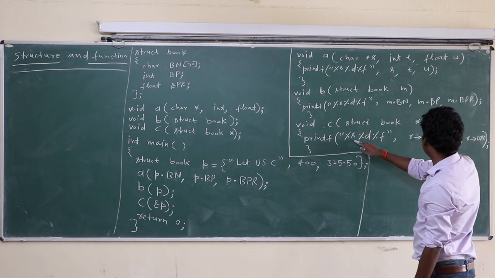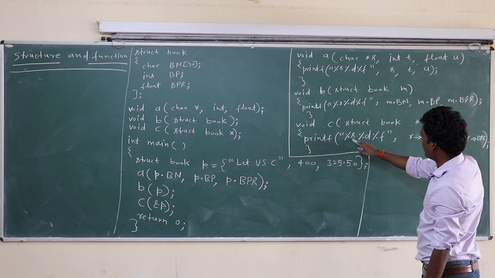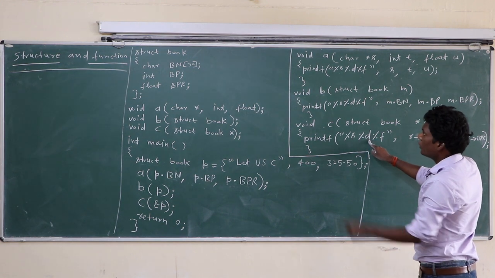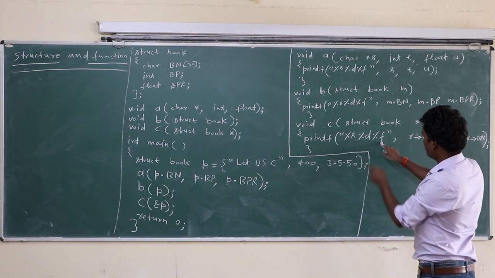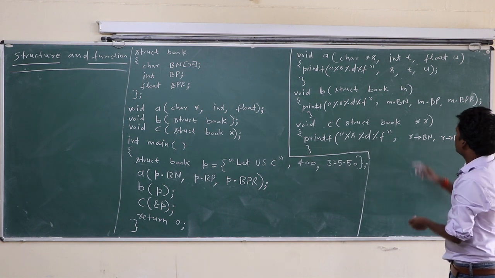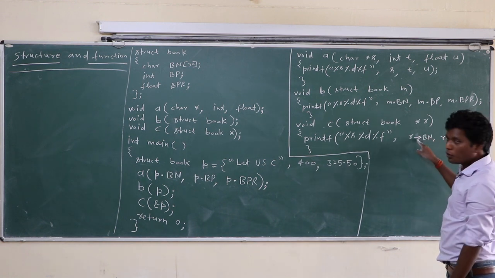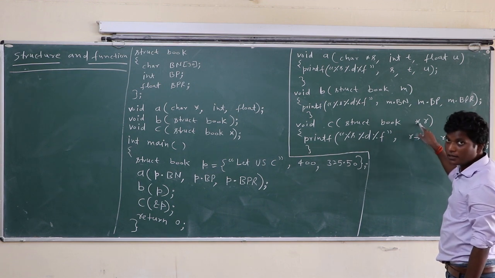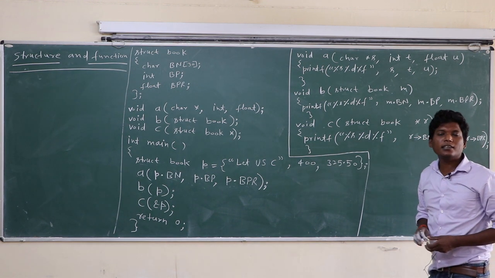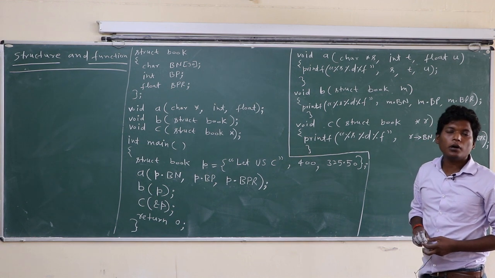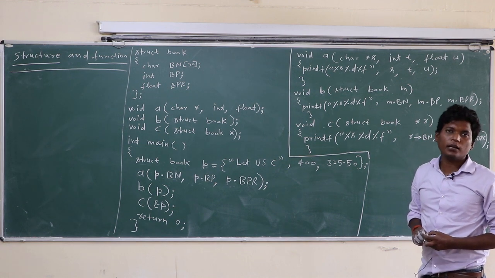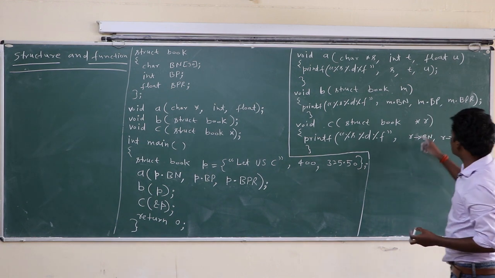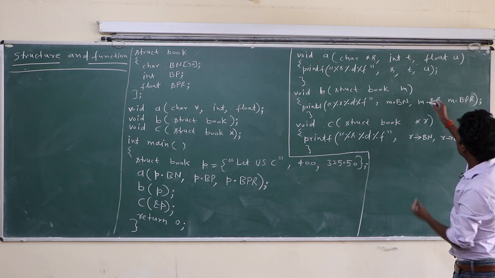Now we can print percent s for name, percent d for book page, percent f for book price. Class, there is no dot here, there is an arrow operator, because R is a pointer. When you use a pointer with a structure, you have to apply the arrow operator in place of the dot operator. So here is a dot.